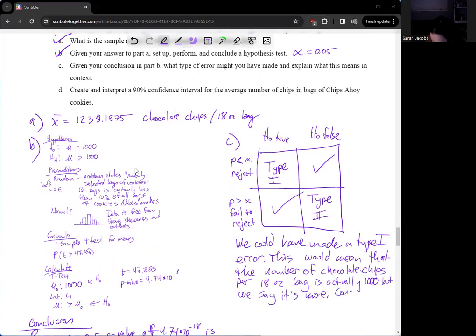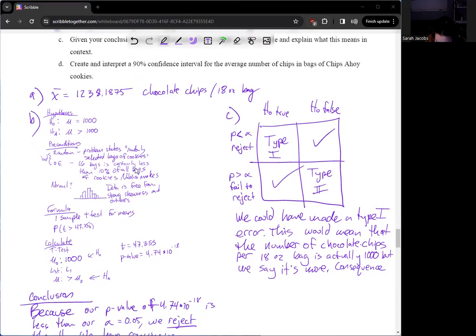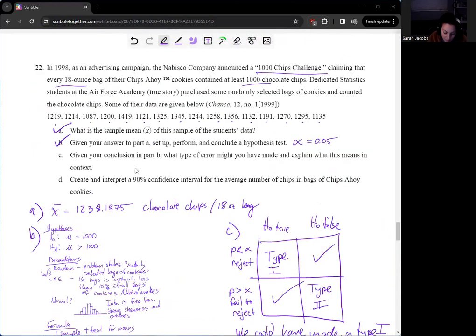The consequence, this is a pretty light consequence, is less chocolate than we think. We're getting less chocolate than we think, fewer chocolate chips. Not a super terrible consequence in the scheme of things.